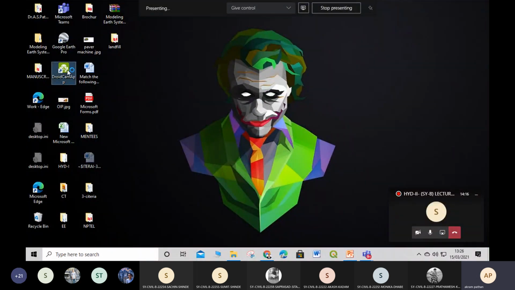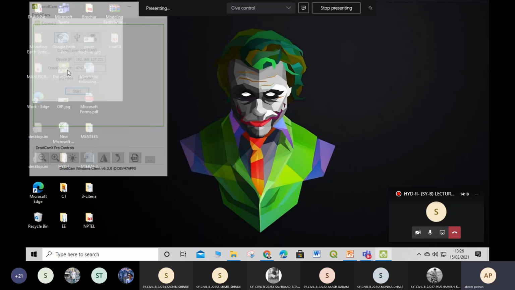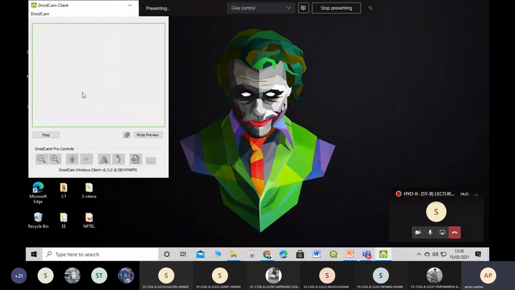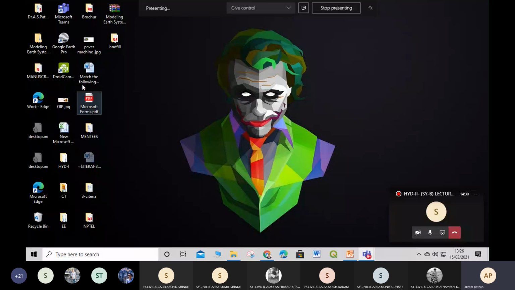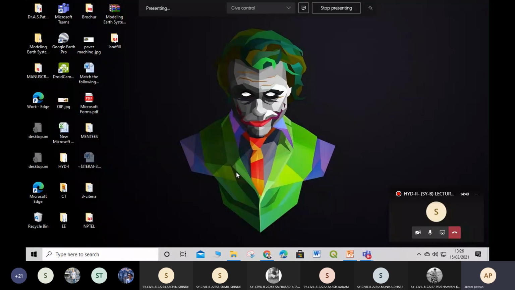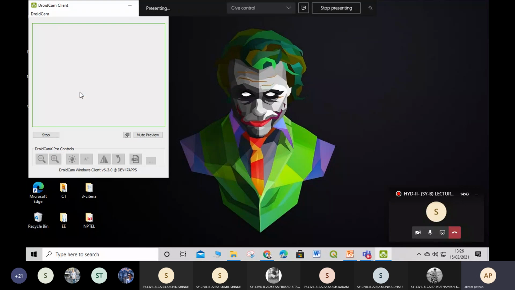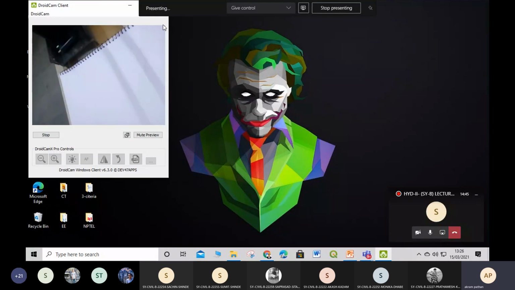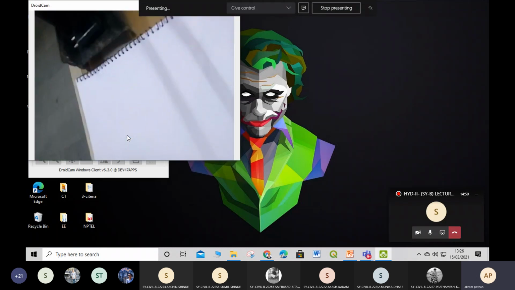I am going to open this Droid Cam so you can see the live session. So here I am having the Droid Cam.